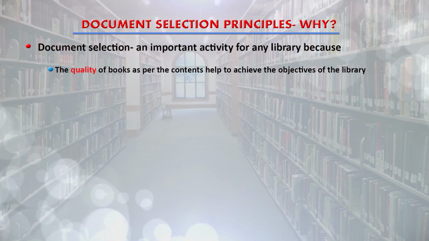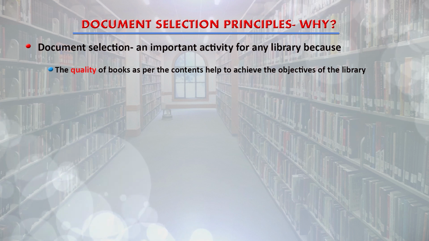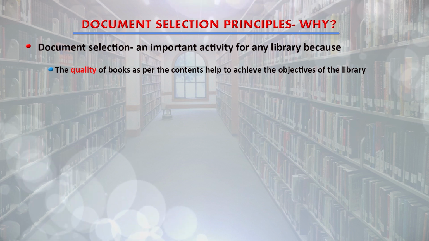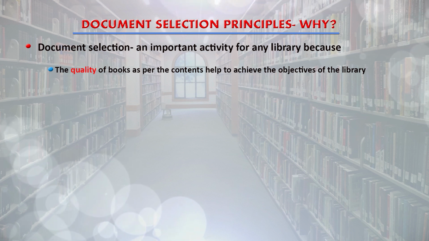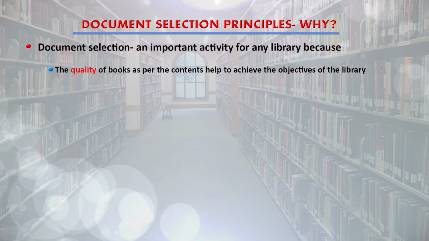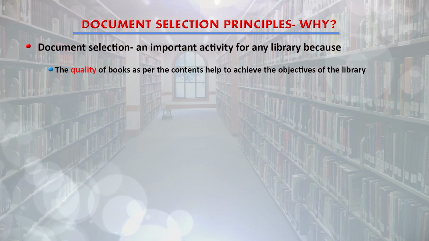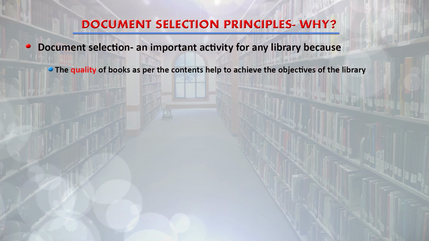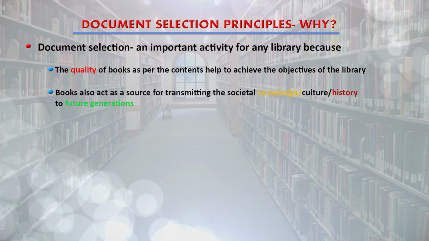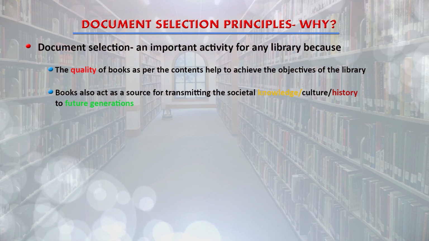And there are different criteria within it, like you see quality, that we should go for quality contents. There may be hundreds of documents available in a particular subject, but we should go for those which are quality as far as contents are concerned, as well as form and format. Now, if we acquire anything which is below quality, it will affect, because the library is serving the institution.